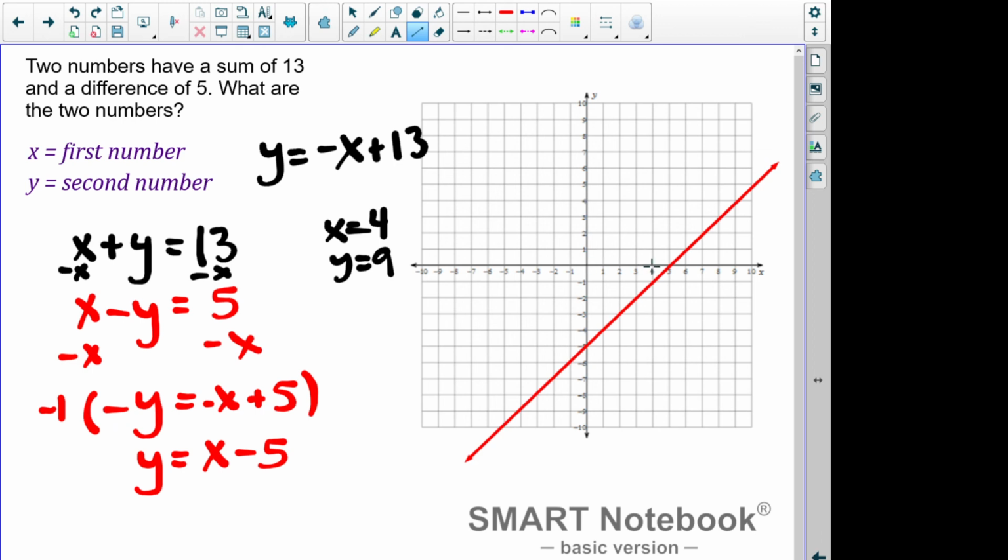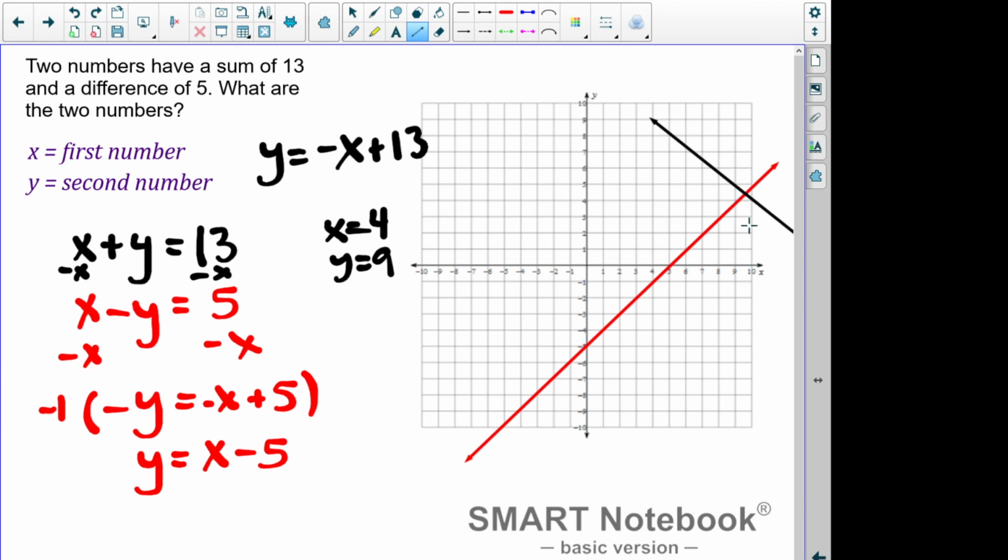So 4, 9, right? So there's my line there. And it has a slope of negative 1, so it's going to go down 1 and over 1. Even though I don't have the y-intercept on my graph, I can still start at any other point that I want to.